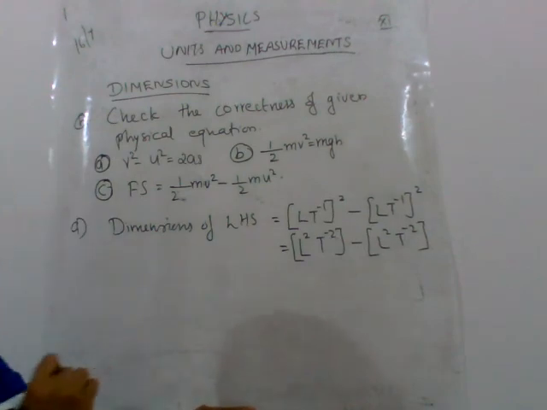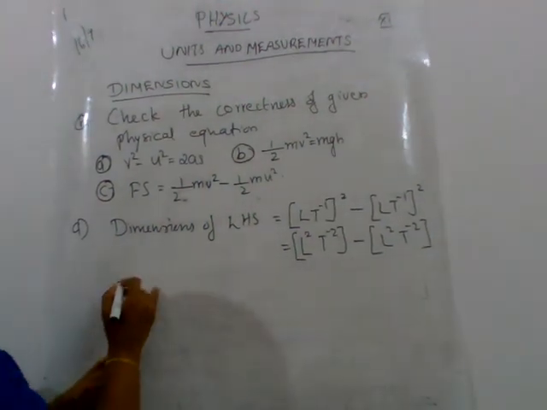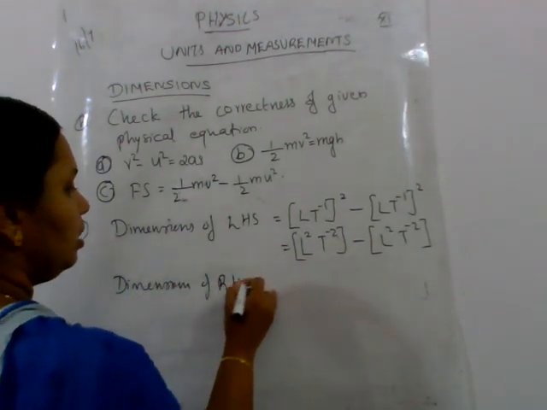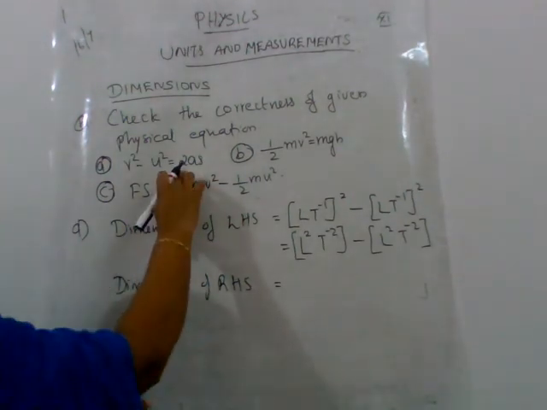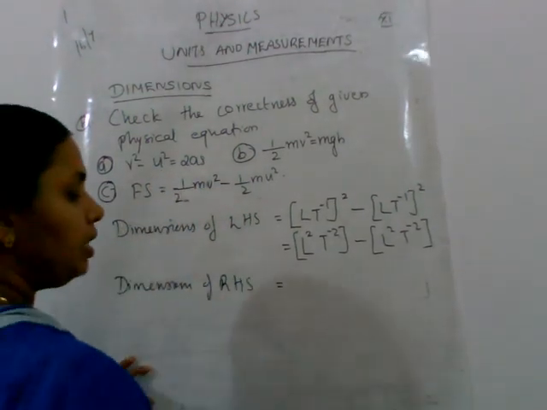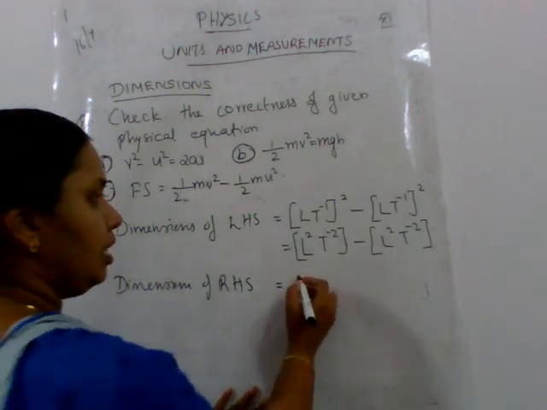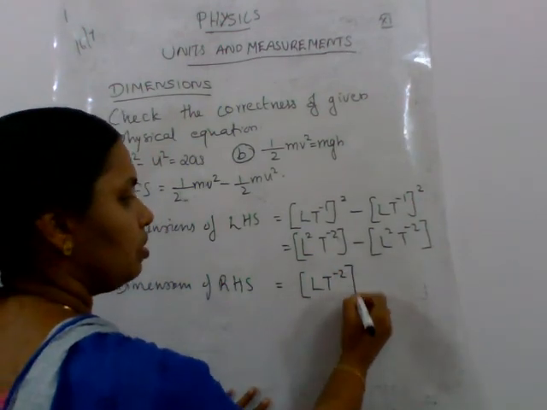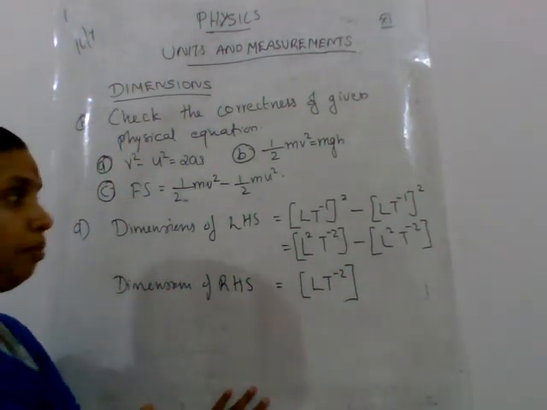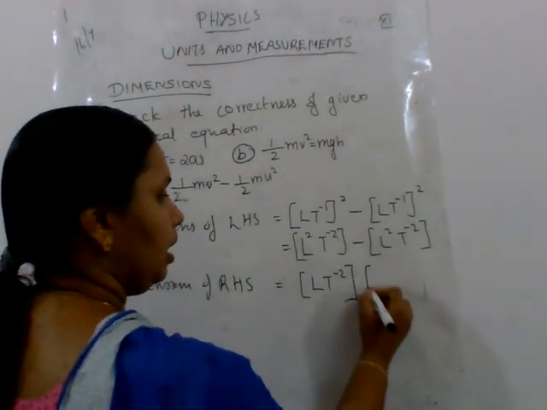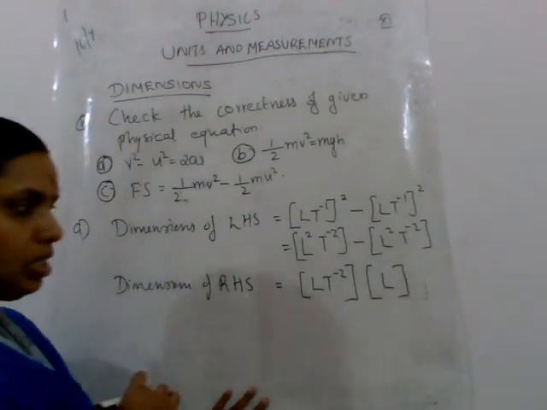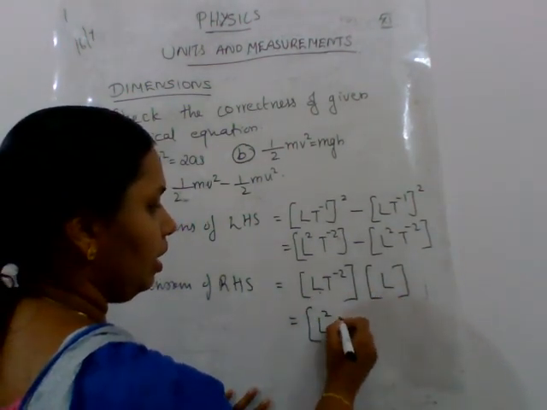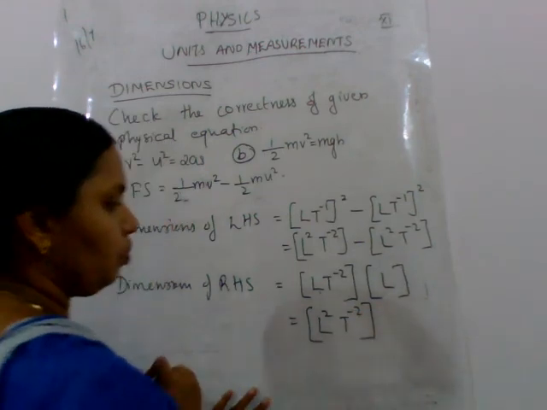Then dimensions of RHS. 2 no need to write because it is a dimensionless constant. Then acceleration. What is acceleration? L T minus 2. And s, what is the dimension? It is L, the distance, length. So here L into L, so that is L raised to 2, T minus 2.